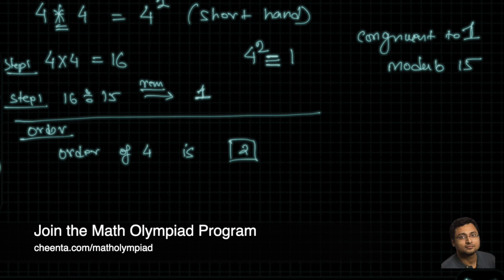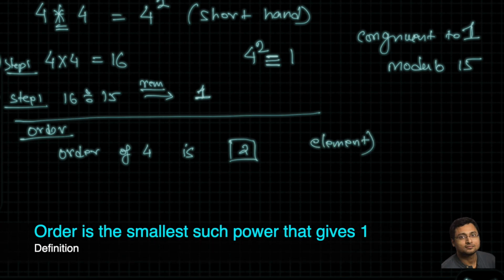Because that's what happens if you raise 4 to the power its order, you get 1. Any element raised to the power its order, of course, under the star operation, gives you 1. That's the definition of order. If you raise it to the power order, you will get 1.